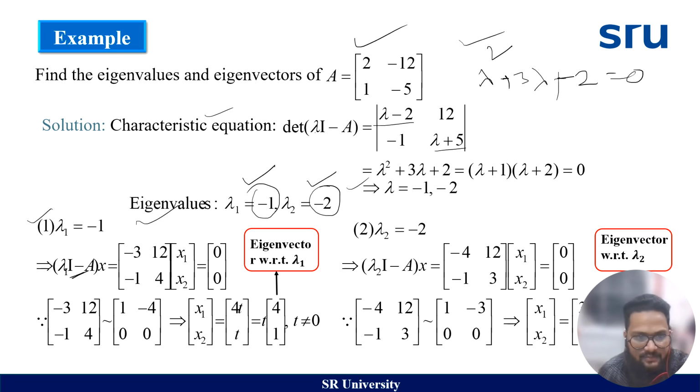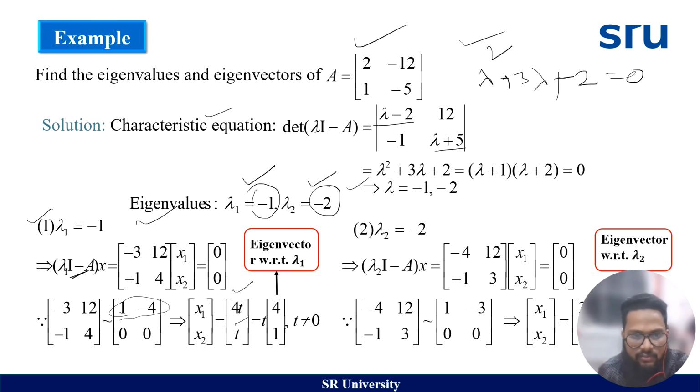Now just solve it. Converting to row echelon form, as I discussed in my previous lectures, only one equation remains: x1 minus 4x2 equal to 0.